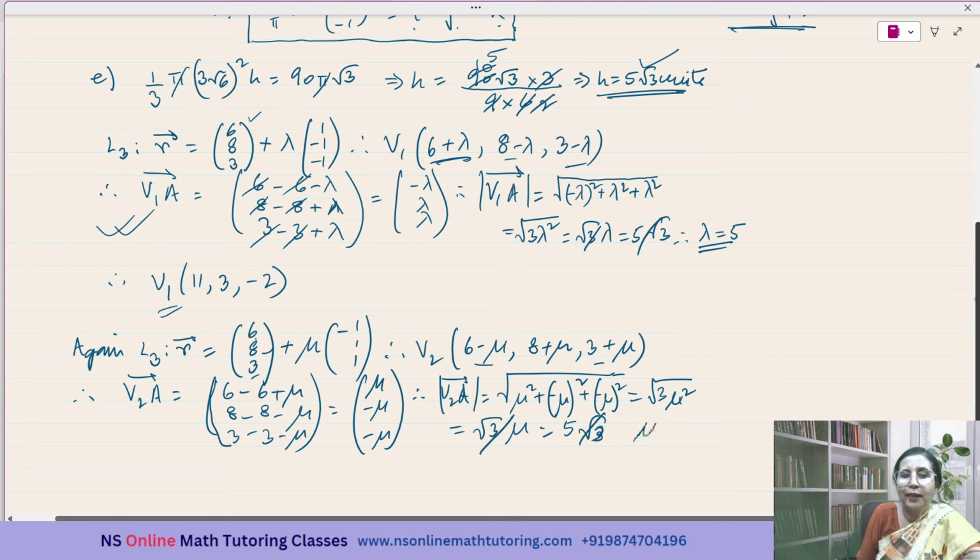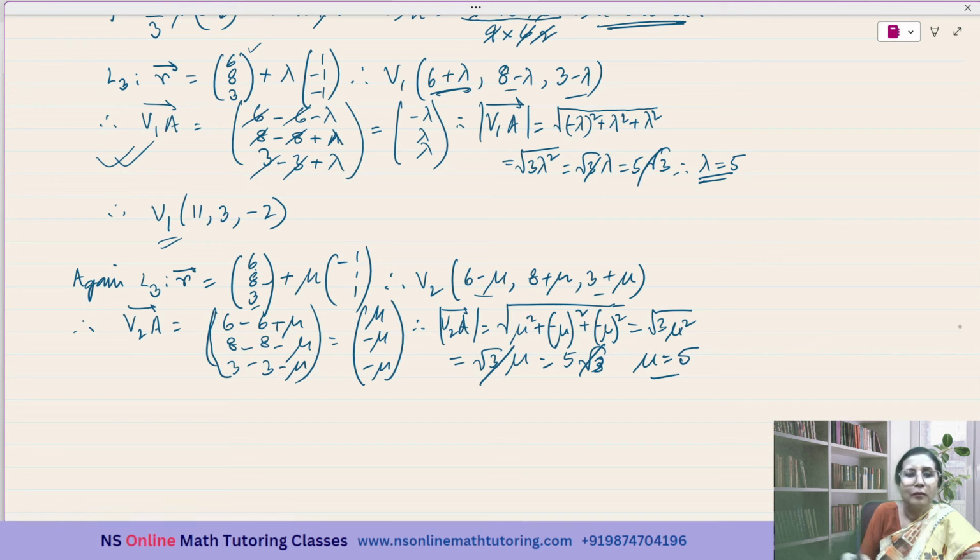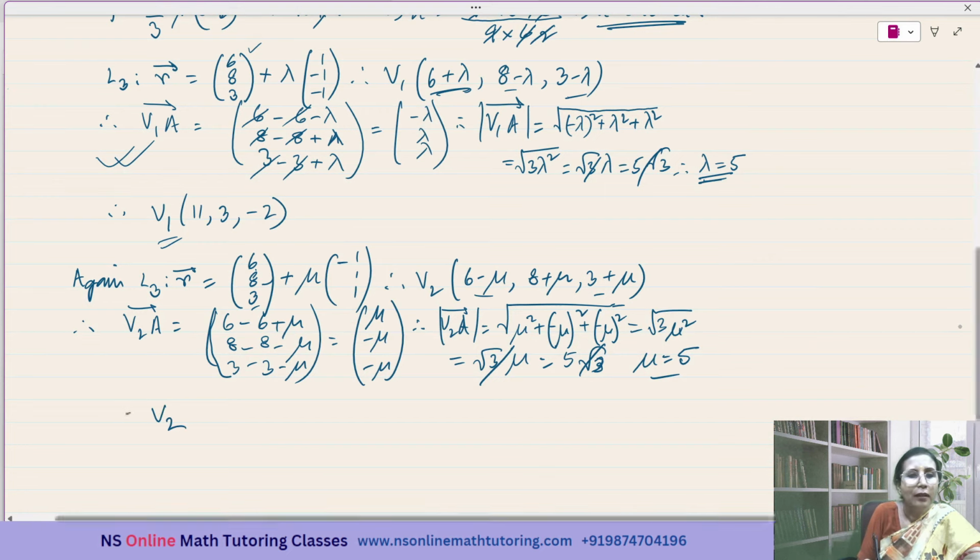These two get cancelled and we get mu as 5, same. Okay, but now the coordinates will be different. So 6 minus 5 is 1, 8 plus 5 is 13, and 3 plus 5 is 8.